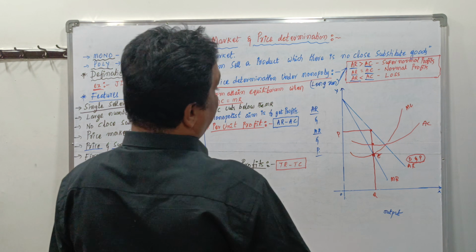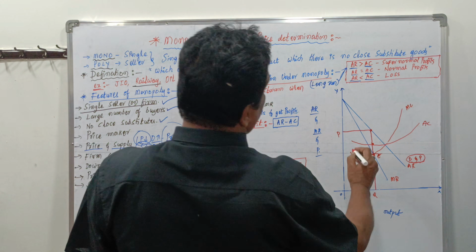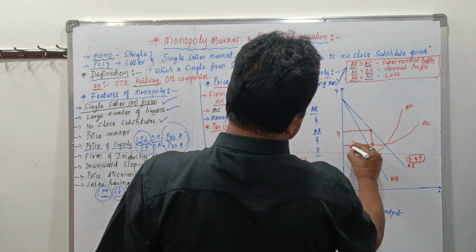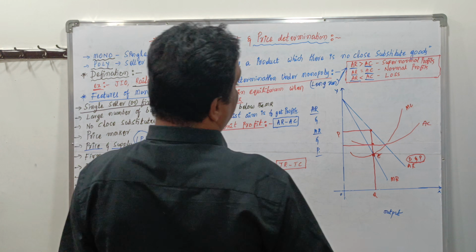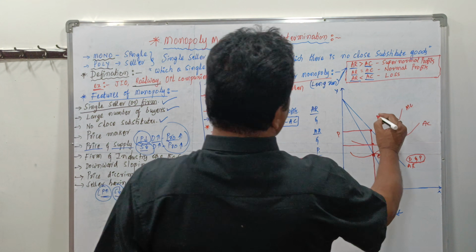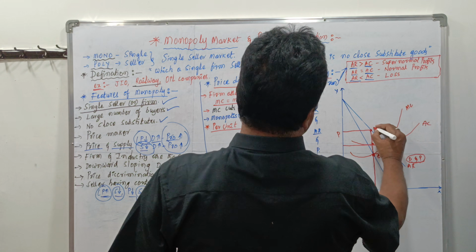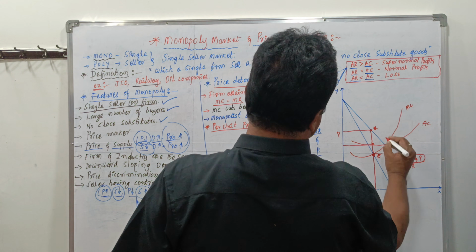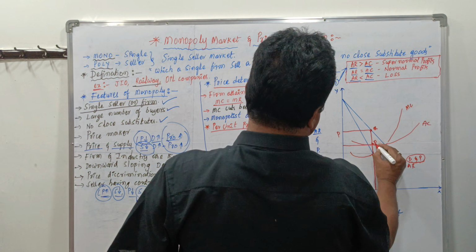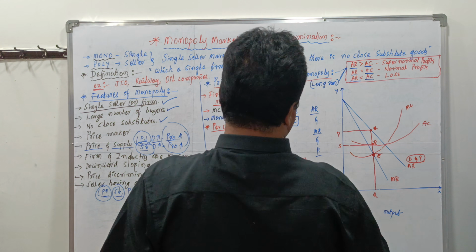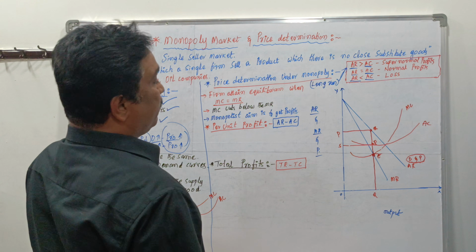Here draw one straight line, average cost, Q, R, S.